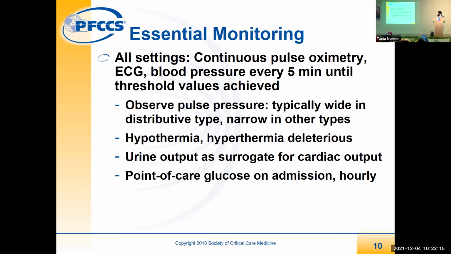In all distributive shocks, either it is a neurogenic shock, hypothermia, or hyperthermia, both are not good for the patient. Hypothermia will cause problems like coagulopathy. Hyperthermia will increase our metabolic rate, and already we are deficient in oxygen and nutrients. Urine output is very important and an objective surrogate for the cardiac output. Point of care glucose on admission needs to be done hourly and then can be decreased later on.